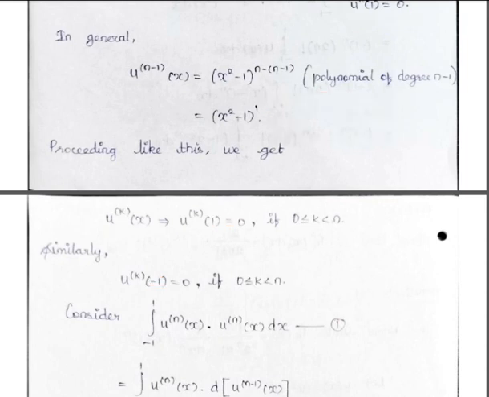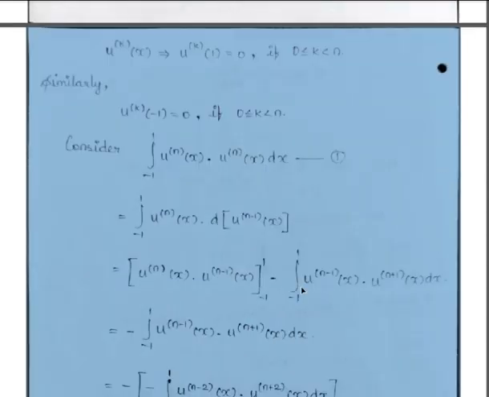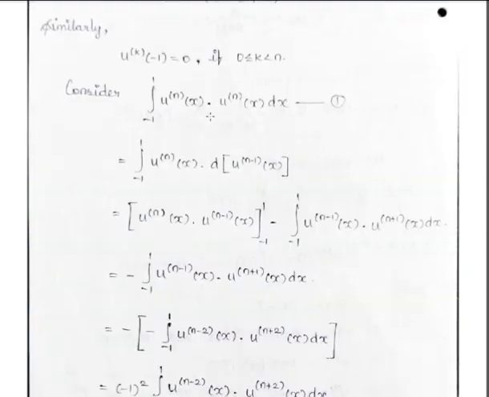Okay, we consider this integral: integral minus 1 to 1 of u power nth derivative of x into u power nth derivative of x dx. We note this as equation number 1.